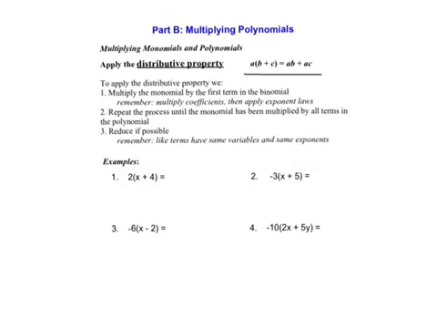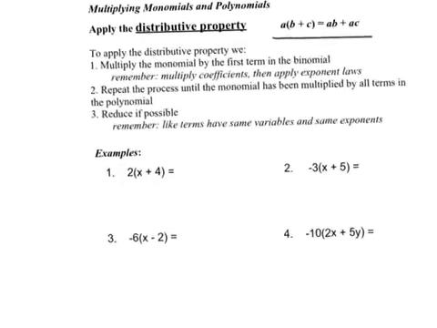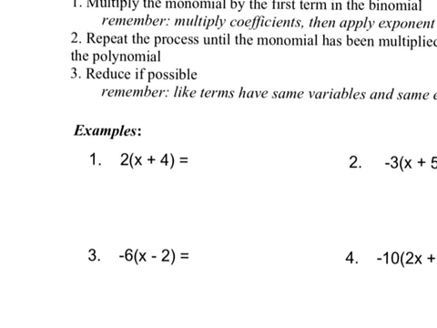So the steps for multiplying are multiply the monomial by the first term in the binomial, then repeat the process until the monomial has been multiplied by all terms in the polynomial, and reduce if possible. So let's give it a try. So to illustrate this, I will usually draw in arrows over top. So I need to take the 2 and multiply it by the x. So 2 times x is 2x.